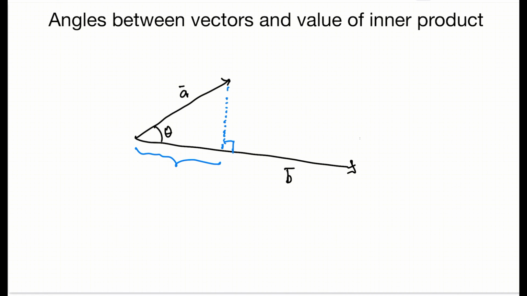That's the length of A times the cosine of theta. So we're going to see graphically that's what the dot product results in, given the way these two vectors are arranged. So that gives us a little more information.